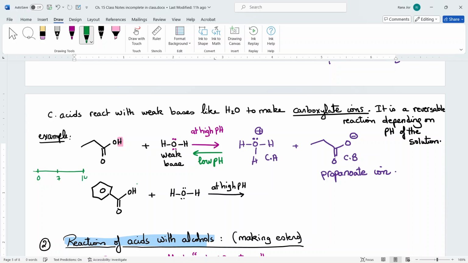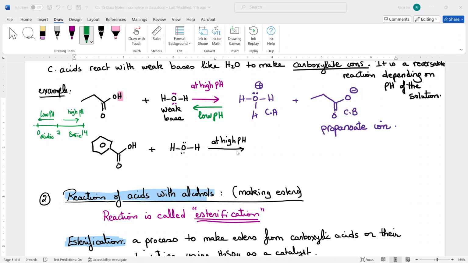The pH scale is up to 14, so more than 7 is called high pH, and that is going to be basic. And less than 7 is low pH, and that is going to be acidic. So always monitor the pH of the solution.